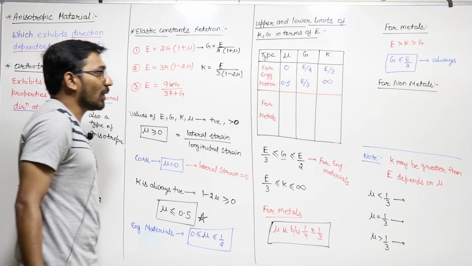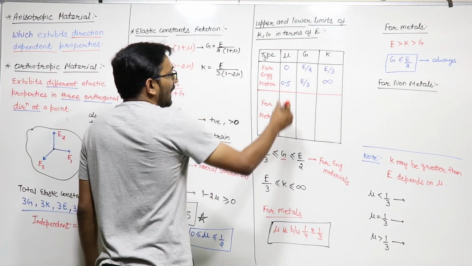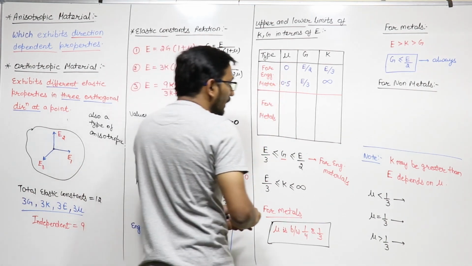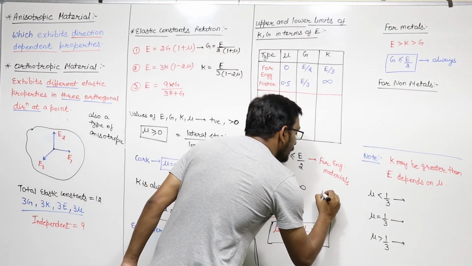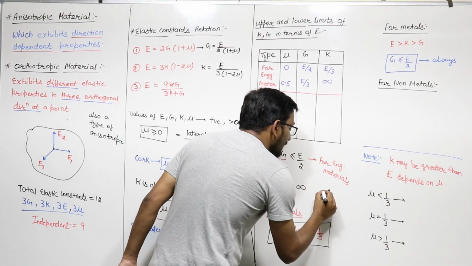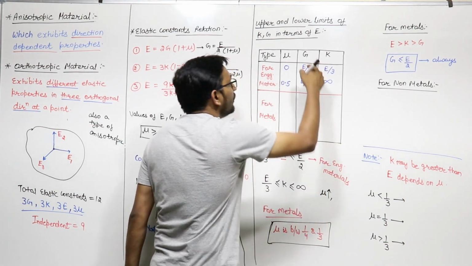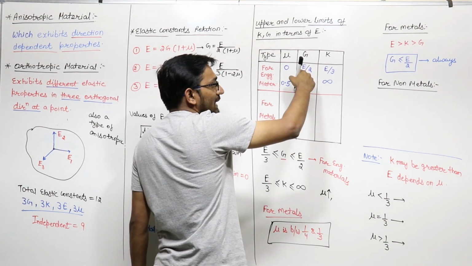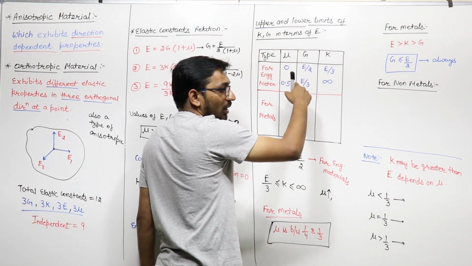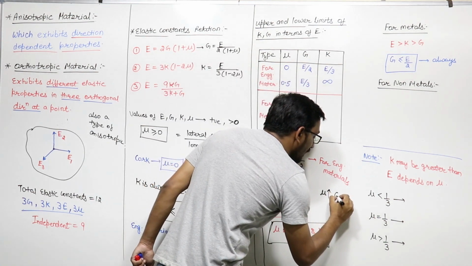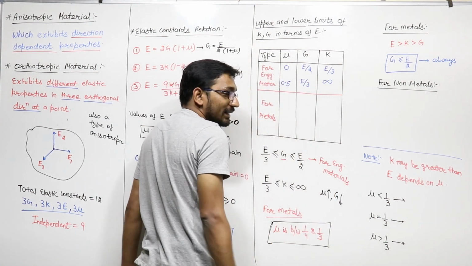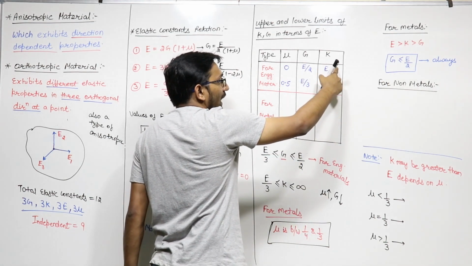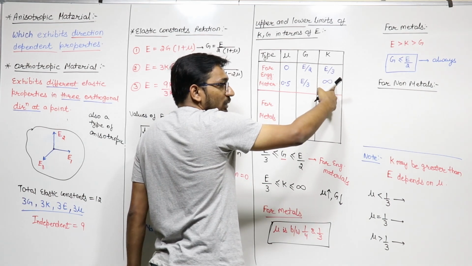And if you notice one thing here, with the increase of mu, the value of G is decreasing. This is 0.5 of E and this is 0.33 of E. So the modulus of rigidity will decrease, this is at mu 0, this is at mu 0.5.